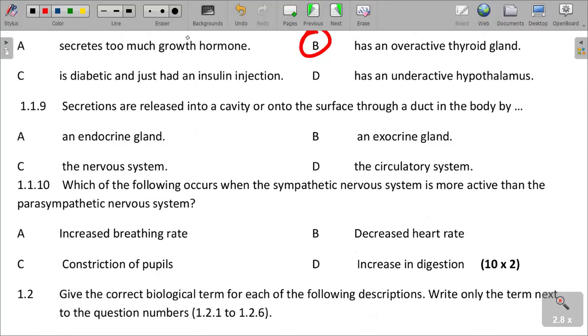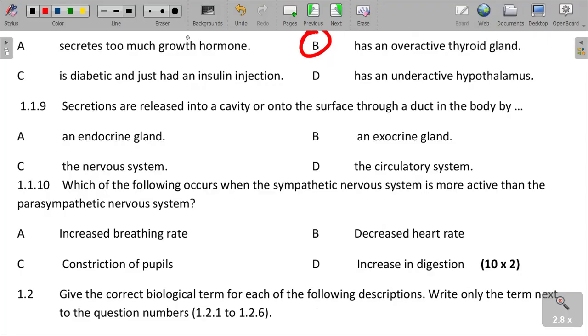Secretions are released into a cavity or onto the surface through a duct in the body by, we are talking about types of hormones, the types of glands, the exocrine and the endocrine. We talked about the ones where hormones are carried through ducts, and where hormones are directly secreted into the blood, with no ducts, no tubes.